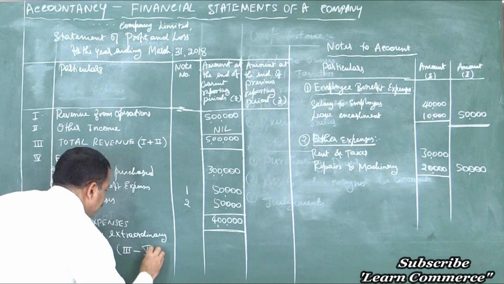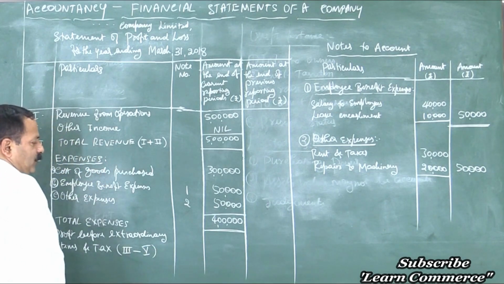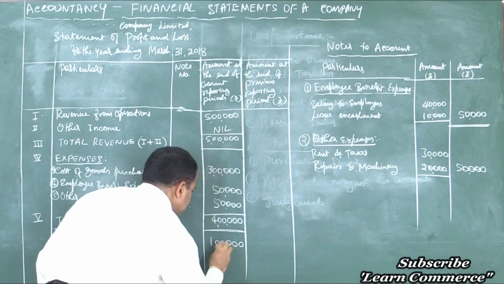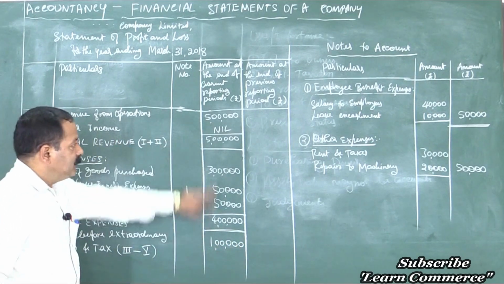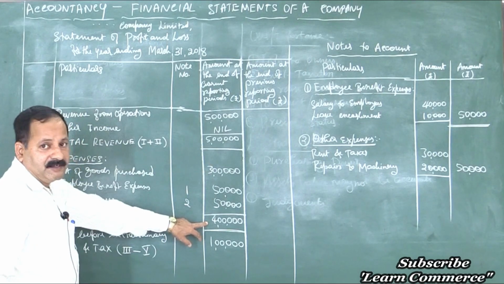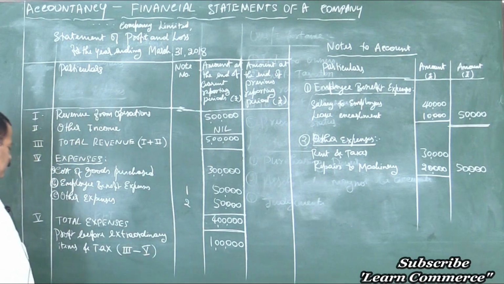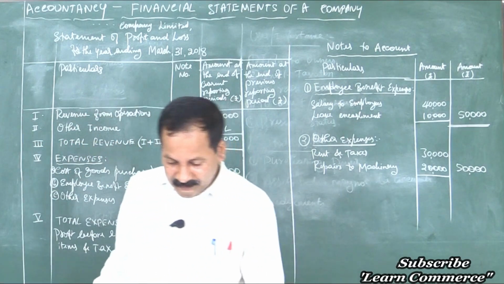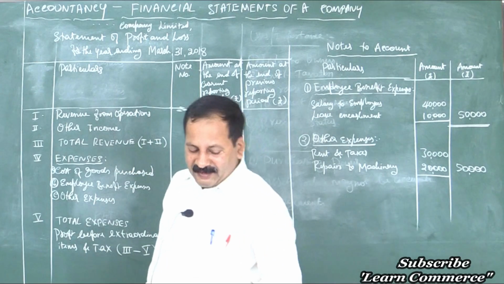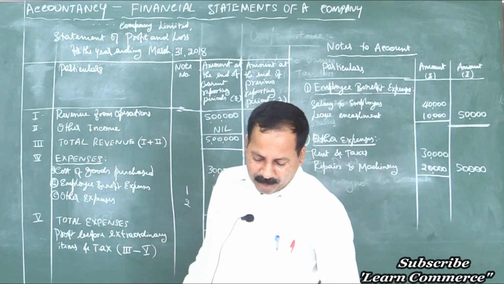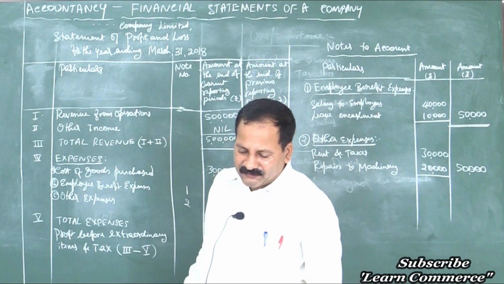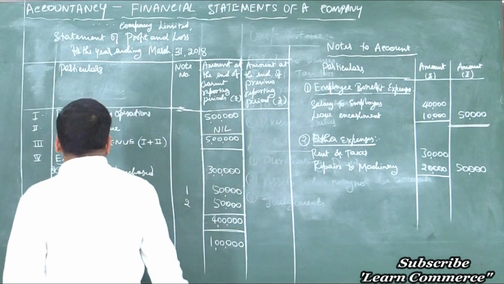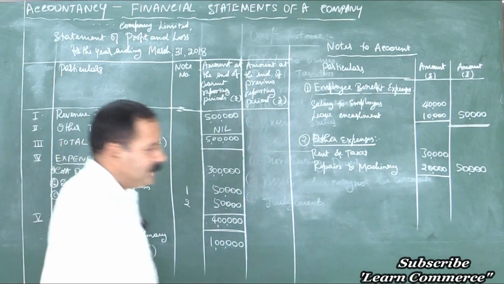How much will we have? 1 lakh. This minus this, total revenue minus total expenses. That's what we are doing here. No magic here. Clear? Profit before extraordinary items and tax. There are no extraordinary items, so let's forget about it and straight away profit, there is a tax, isn't it? Let me continue here.